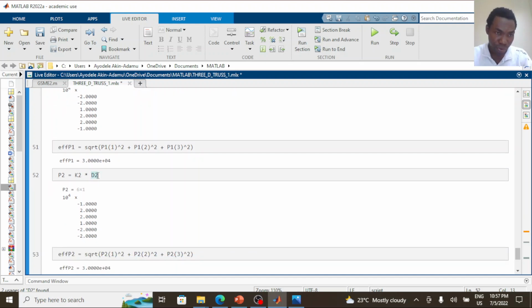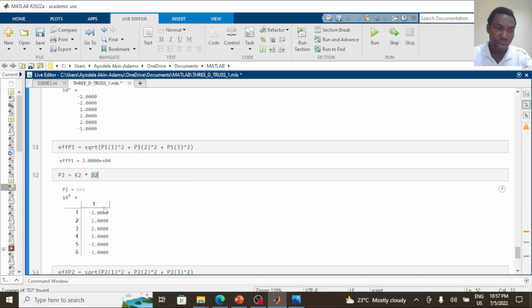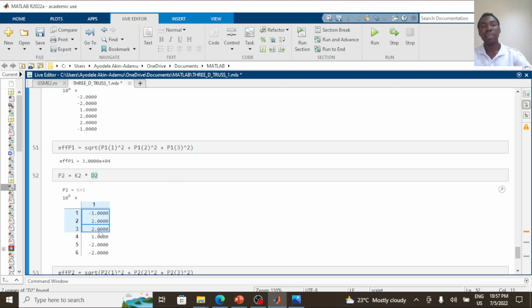P2 is the same thing. P2 is given as K2 times D2. So this gives a 6 by 1 vector. The first three are the forces in the XYZ direction at the start node. The last three are the forces at the end node of that element. For element 2, I think the start node is node 3 and the end node is node 4.